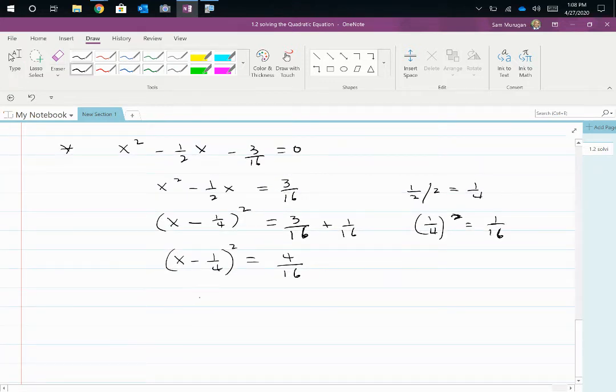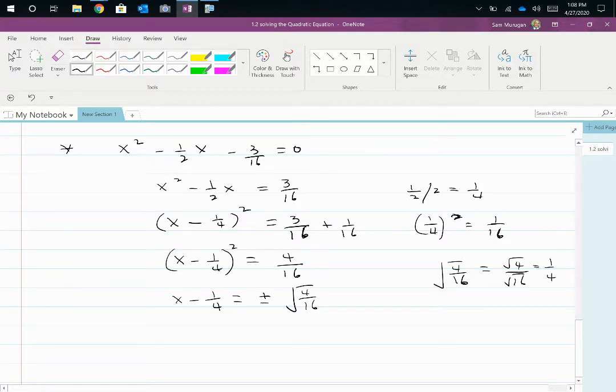And next we use the square root property. X minus 1/4 is equal to plus or minus the square root of 4/16. So the square root of 4/16 is the square root of 4 divided by the square root of 16, which is 1/4.